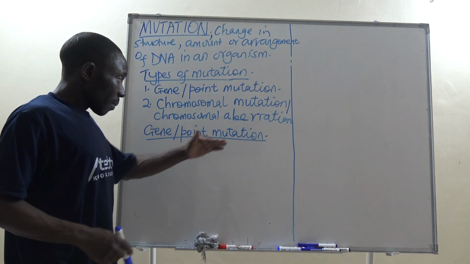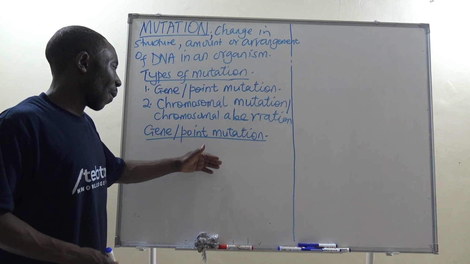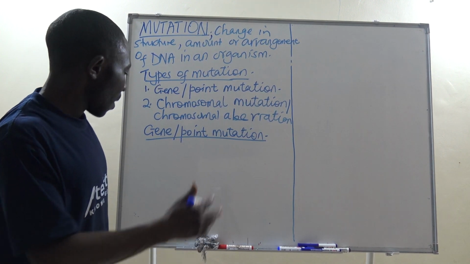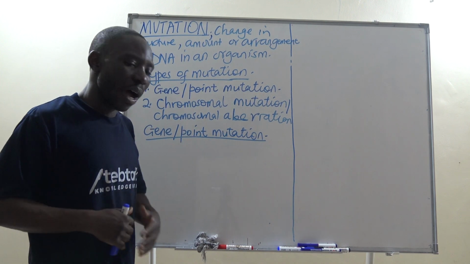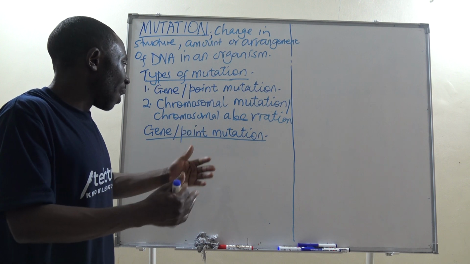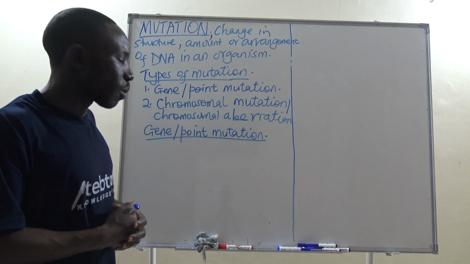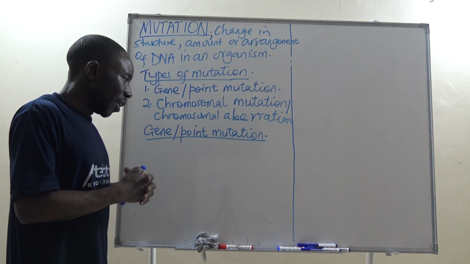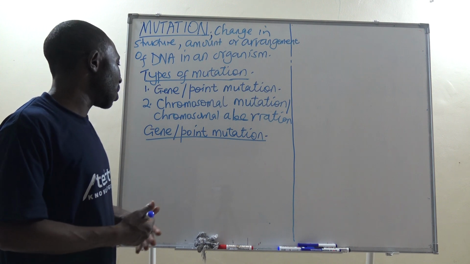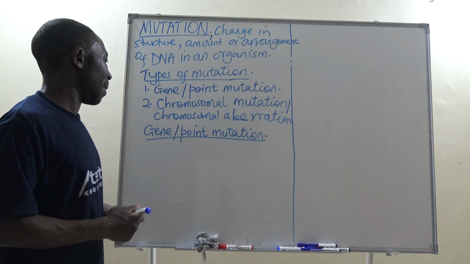An example is a mutation that occurs in the gene that causes sickle cell anemia. There is replacement of glutamine with valine on the beta chains of the hemoglobin molecule, leading to formation of an abnormal hemoglobin pigment called hemoglobin S, and hence sickle cell anemia.